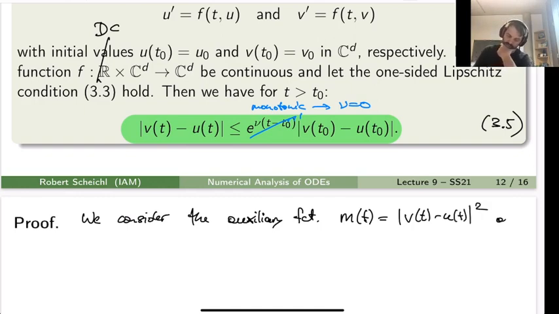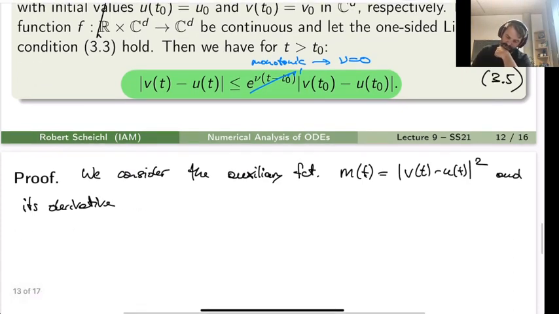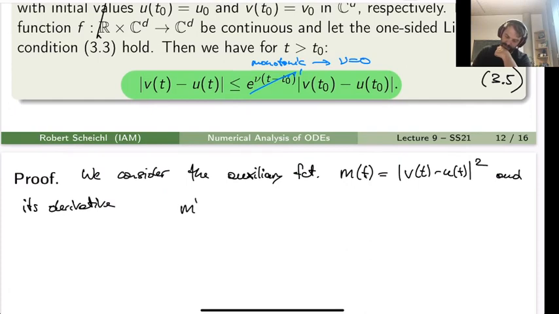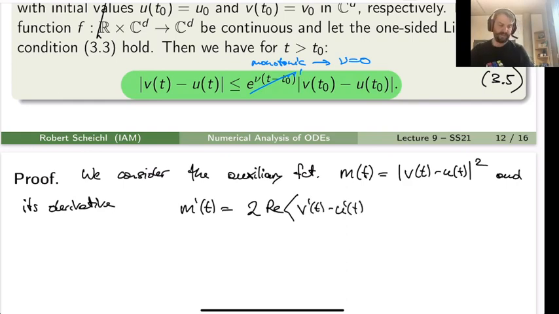And also consider its derivative. So let's write this out. What do we get? m'(t) is 2 times the real part of v'(t) minus u'(t) with v(t) minus u(t).